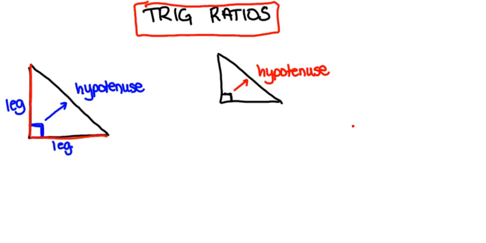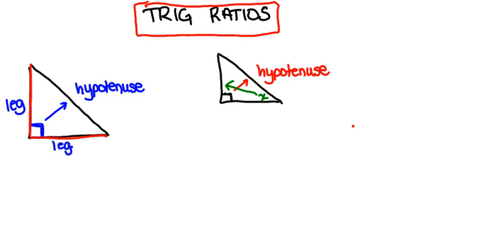I'm going to take one of the acute angles in my right triangle, and it doesn't matter which one. I'm going to call that little guy X, and he's going to be what's called my reference angle. My reference angle is going to be the angle that I'm talking about. So if I'm talking about that little green angle X, I now have to name the other two sides.